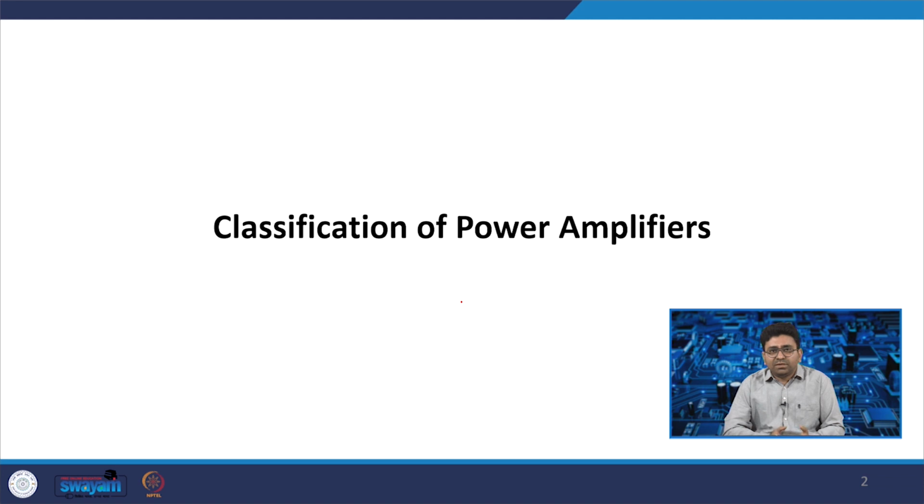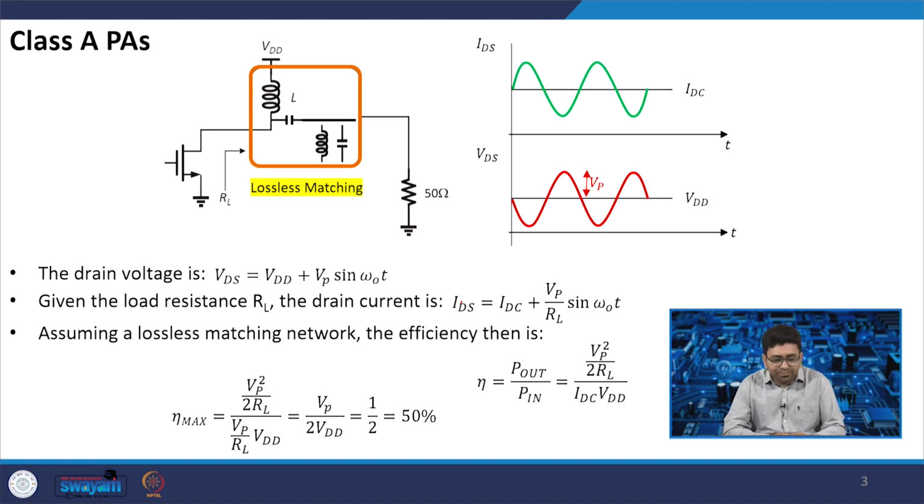So, the first classification is a class A amplifier. In class A power amplifier, this MOSFET or any transistor will remain in saturation or active region for the entire cycle of the input.